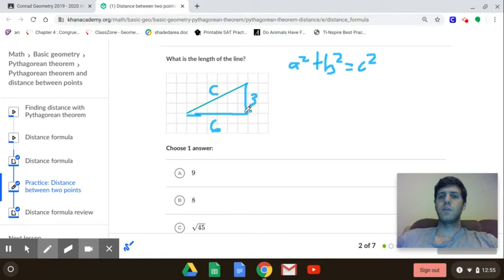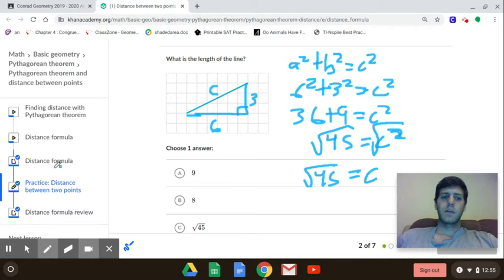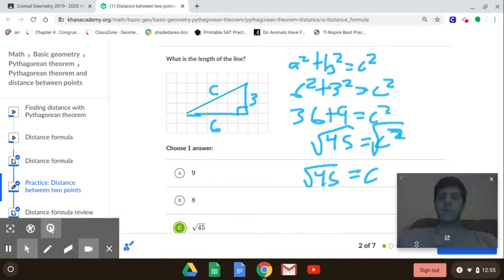A and b are your 2 legs, so we're going to have 6 squared plus 3 squared equals c squared. It's going to be 36 plus 9 equals c squared, which is going to be 45. Square root both sides. You get the square root of 45 equals c. Okay, which is the answer choice C.